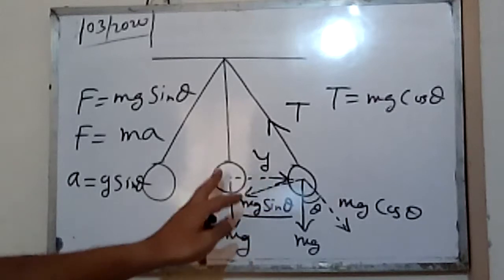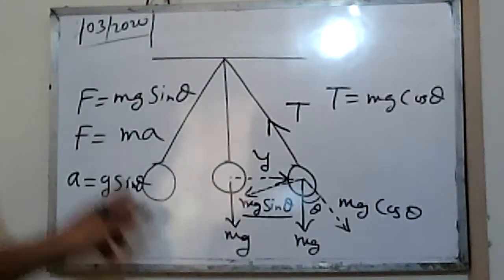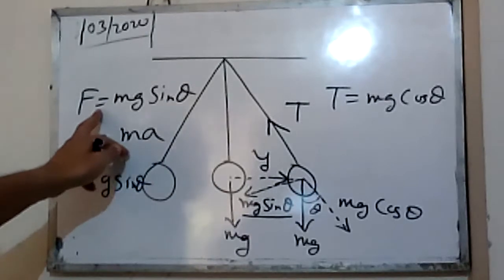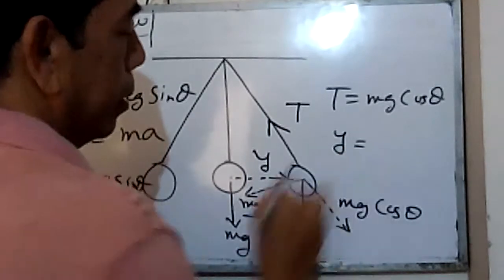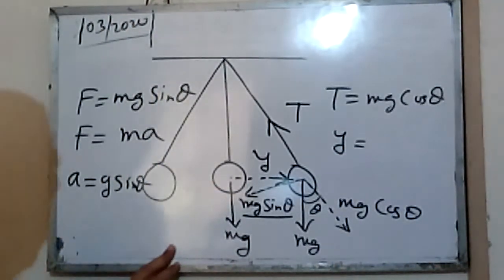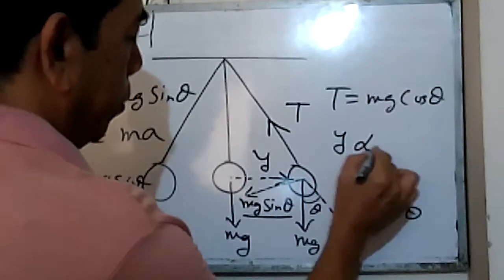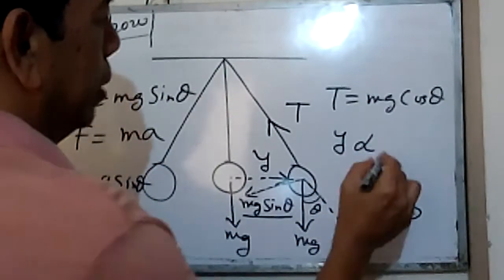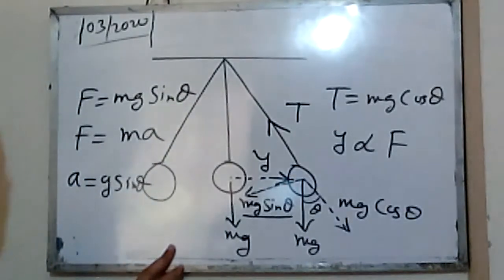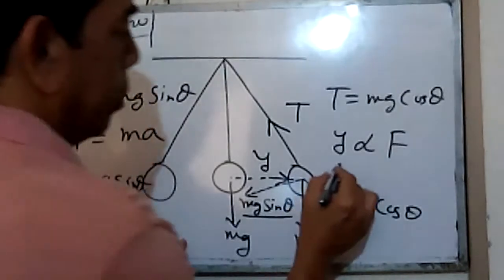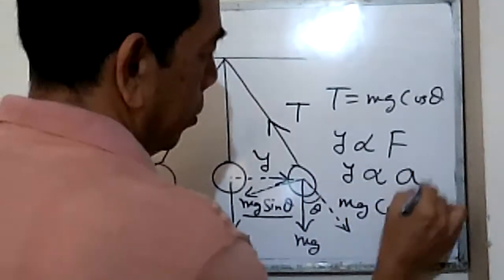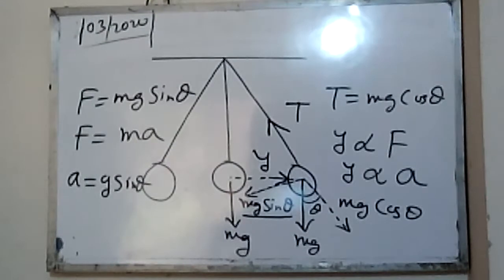Theta increase means mg sin theta increased. That means the applied force F increased. So y is increased, that means F also increased. F increase means acceleration increased. Y increased means acceleration increased.